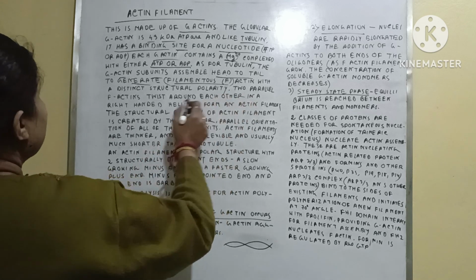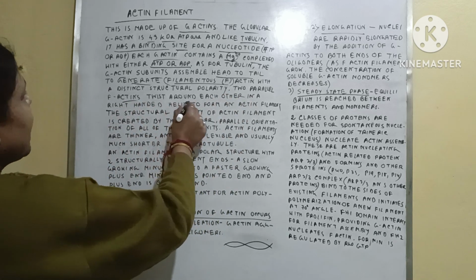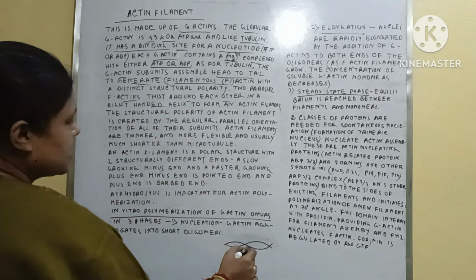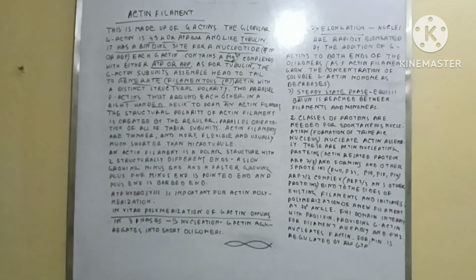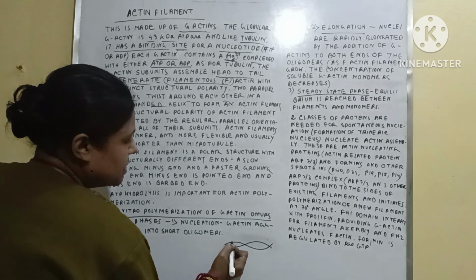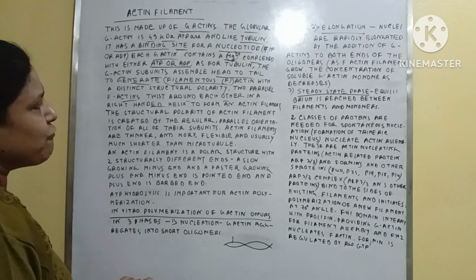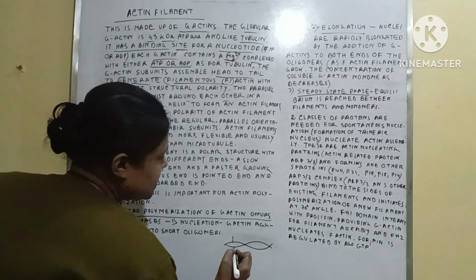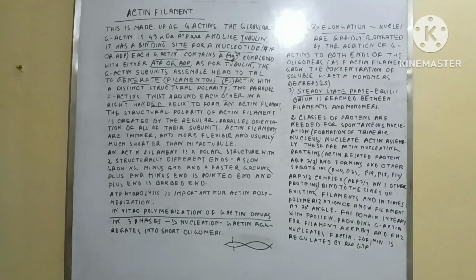And the two parallel F actins twist around each other in a right-handed helix, just like this. You can see, this is one filamentous F actin, and this is another filamentous F actin.